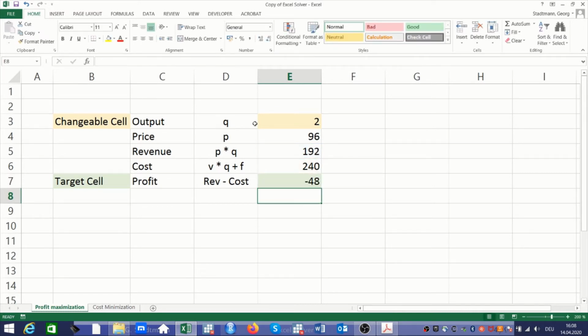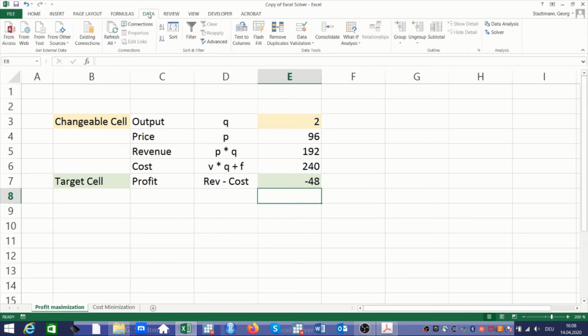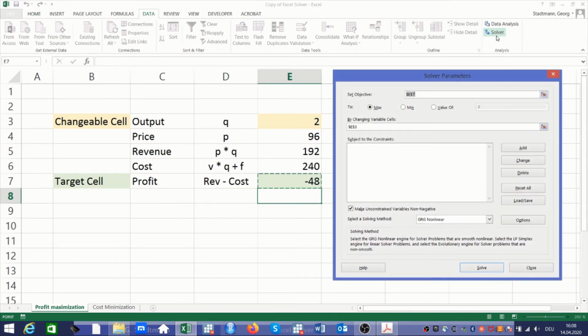So the problem is set up, and now I will ask Excel to optimize this relationship. I have to find the solver, which is given under data. Then the solver is given here. The objective is given by the information in cell number E7. So the profit should in the end be maximized.